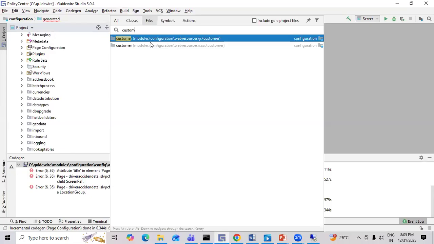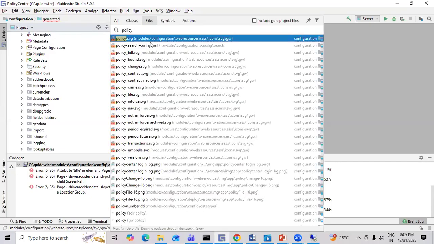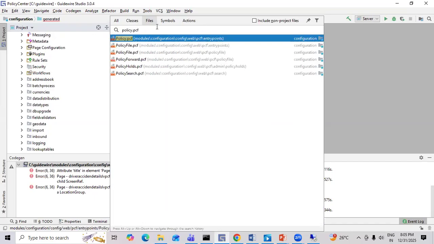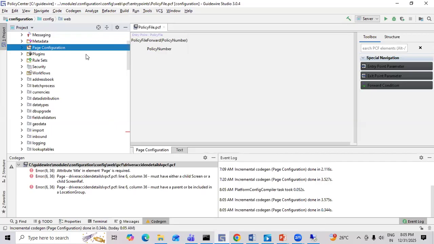Customer, policy. I'm taking the policy module PCF. I'll be taking the policy file PCF. This is the PCF file we have taken.